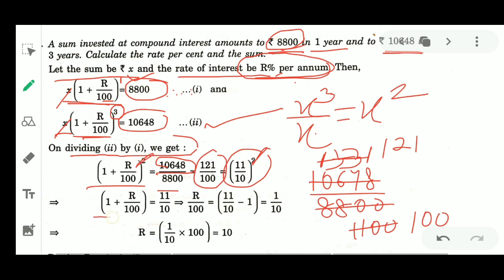Then we will have 1 plus r by 100 equal to 11 by 10. So now r by 100 equals 11 by 10 minus 1. Bring this 1 to the right side, then it will become minus 1. Now 10 into 1 is 10. So 11 minus 10 by 10 will be 1 by 10. So r equals 1 by 10 into 100, that will be 10. The zeros will be cancelled, so r equals 10 here.